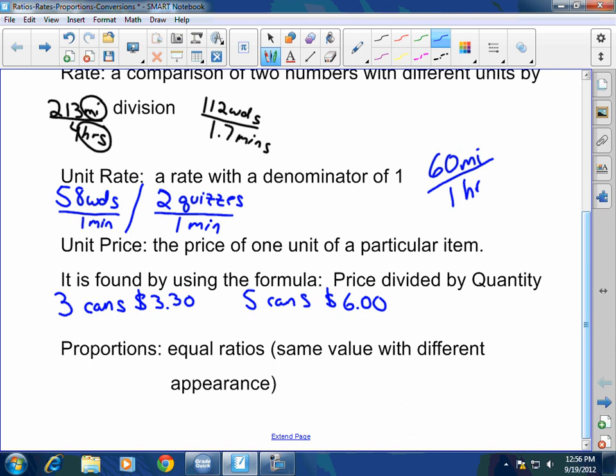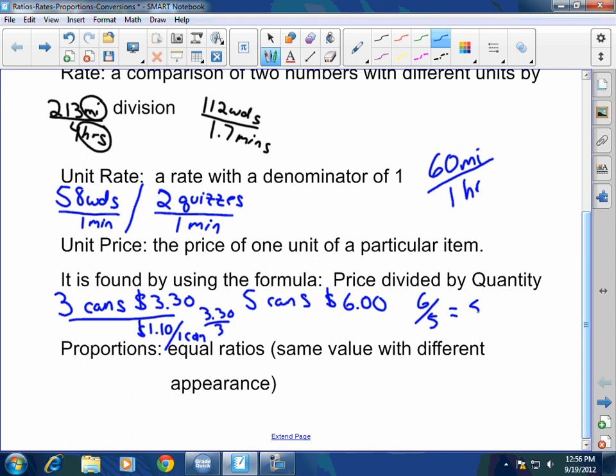Okay? So unit price is price divided by quantity. So for this first example, I got $3.30 divided by 3. So that means I'm paying $1.10 per one can. See how it's a unit rate because it's a denominator of 1? So I'm paying $1.10 per can. Over here, $6 divided by 5, that's going to be 1.2.